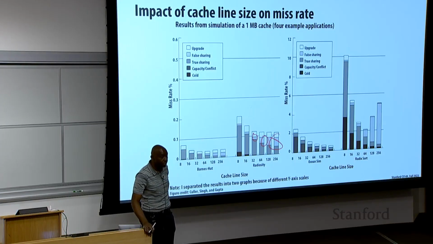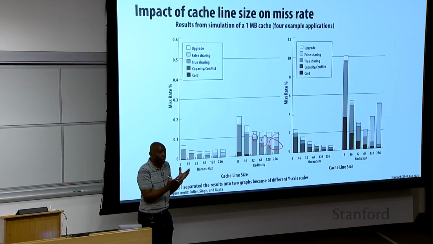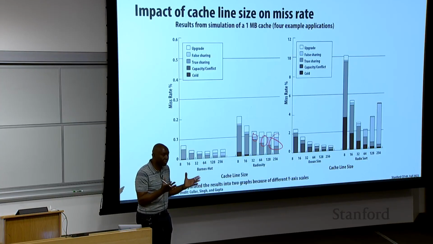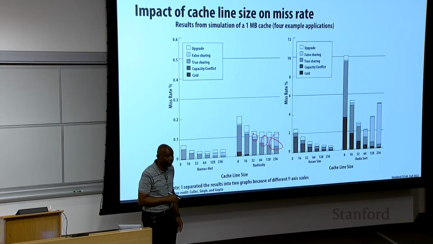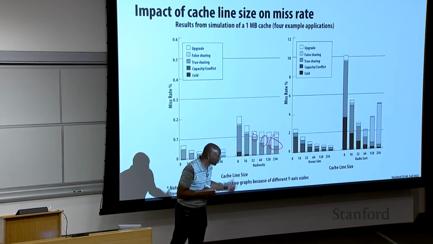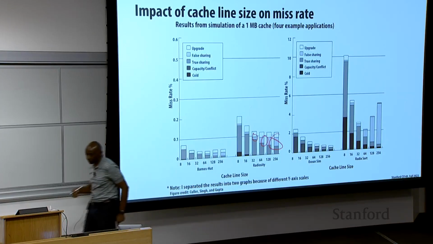Right, so you certainly can make sure that you space things apart such that false sharing doesn't occur. But there may be other reasons. Maybe you have phases to your application, and at some point you need to switch things around, and it may not be convenient to organize things in ways that minimize false sharing. But you should be aware of it.